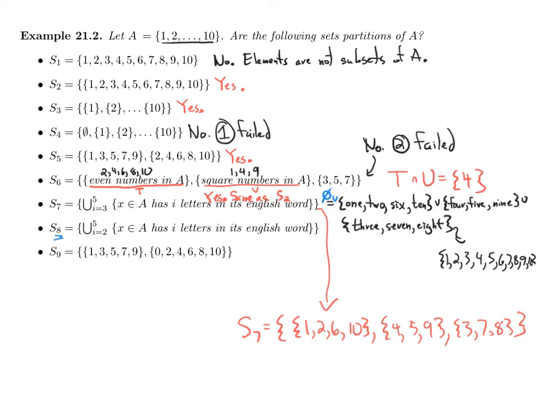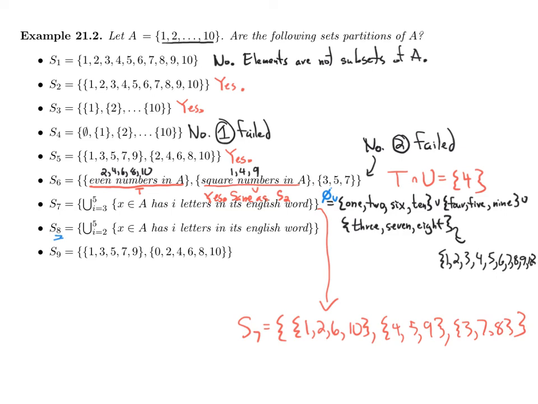This is when i equals 2. There's nothing in that set, none of these numbers have 2 letters in their English word. So the empty set when i equals 2, then i equals 3, i equals 4, i equals 5. But again, you're taking a union of these, which is just this set here.